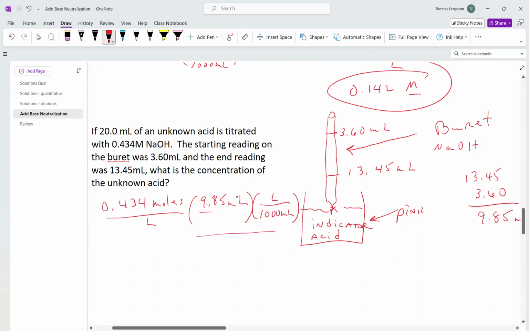This converts the milliliters to liters, then the liters cancel, leaves us with moles of sodium hydroxide. Let's calculate that real fast.